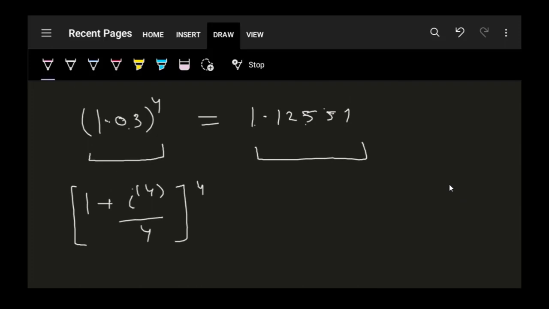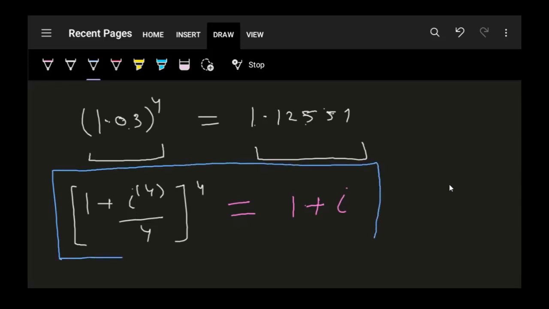And this is 1 plus I. So my I was 12% as we calculated earlier, and I4 was given 12%. So we get this general result. If we are given any interest rate I and I want to calculate the nominal rate, I can calculate it as follows.